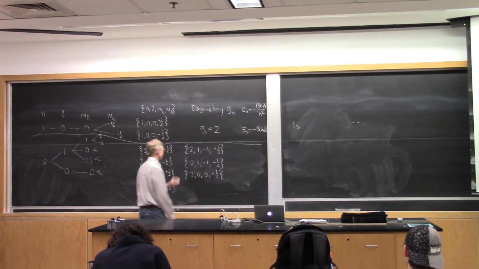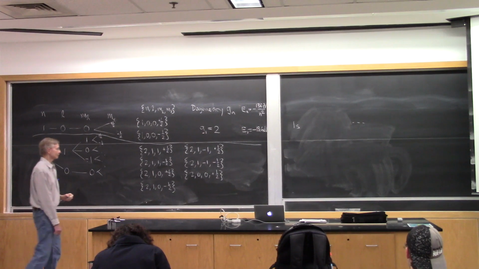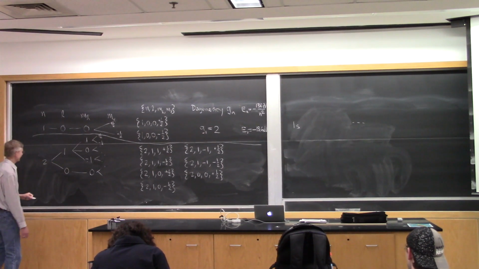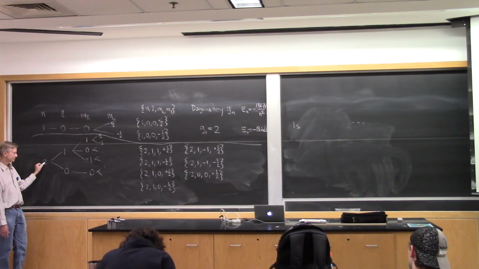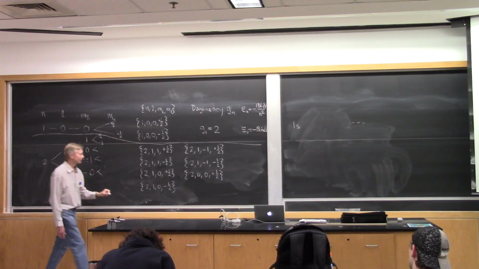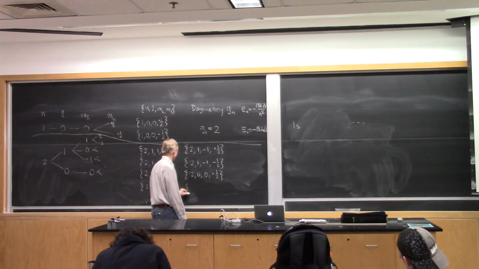Spin up for n equals 2, L equals 0, M sub L equals 0. M sub S is +1/2, spin up, and then finally 2, 0, 0, -1/2.